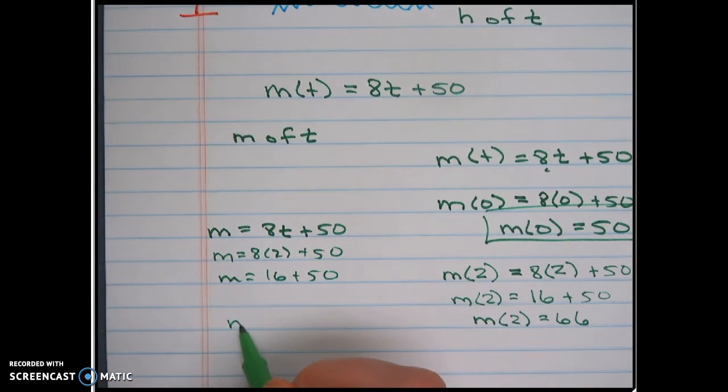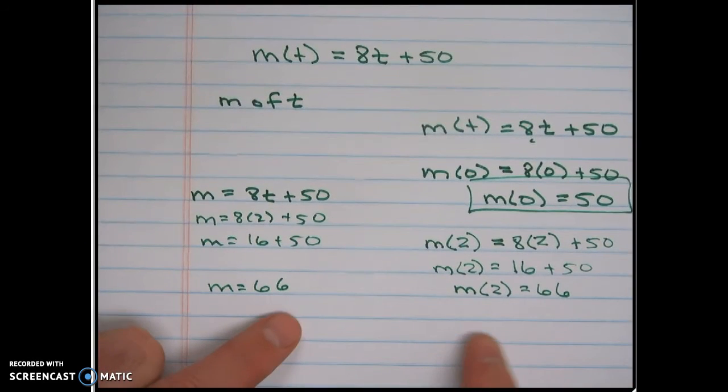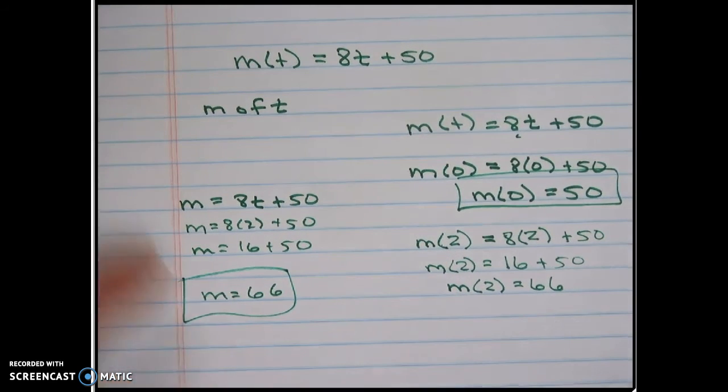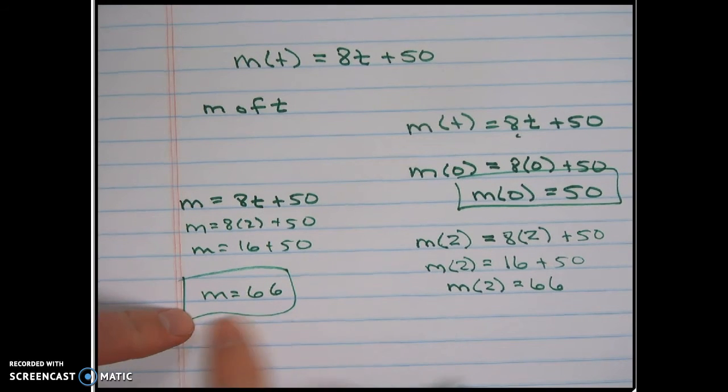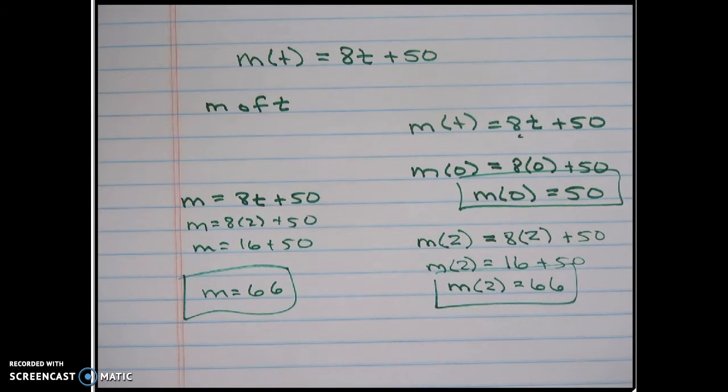You would still get m equals 66. You would get the same answer. But which one of these two tells you more information? When you get done, this tells you your money is 66. If someone said, well, how much did you have to work for that? It doesn't tell you that in this answer. If you write this answer, your money is equal to 66, but what else does it tell you? It tells you it was $66 after 2 hours.